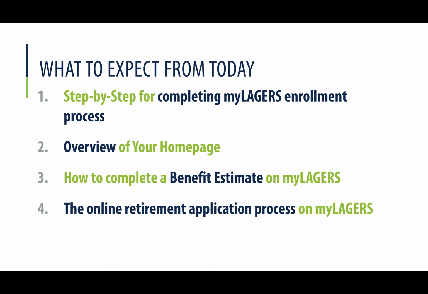Then we'll give you an overview of your homepage and all the things you can access from it. Then we'll talk about how you can complete a benefit estimate on myLAGERS. It's probably one of the better tools a member who's not real close to retirement has at their disposal. And finally, we'll finish with the online retirement application process. If you didn't know, that's something you can do within the system.